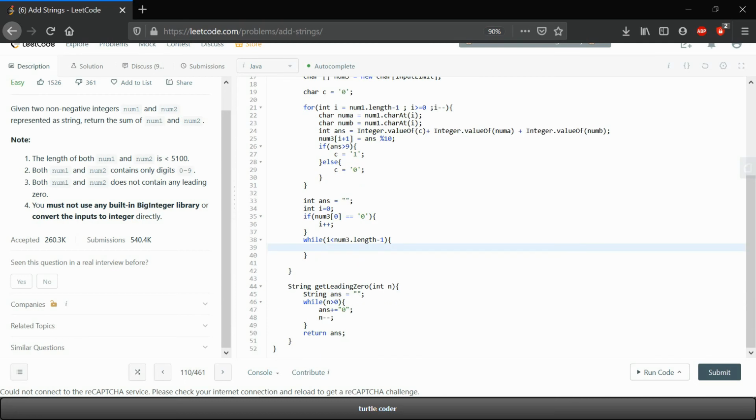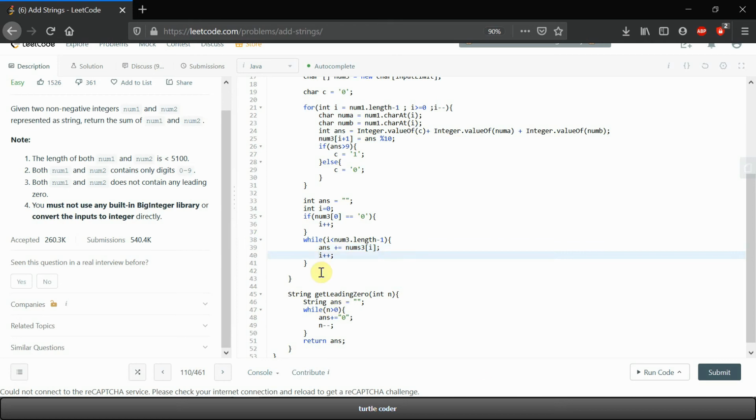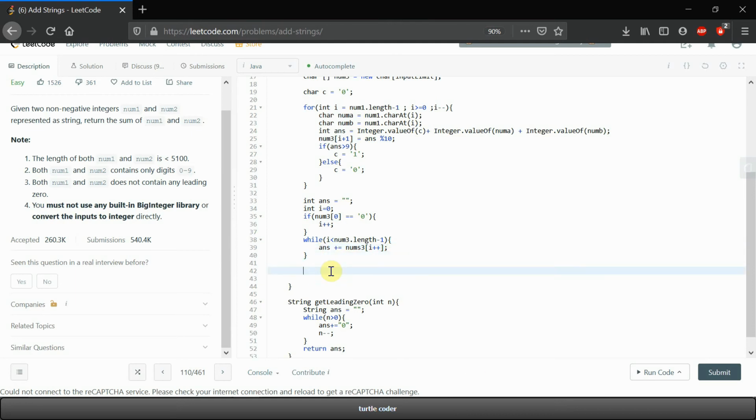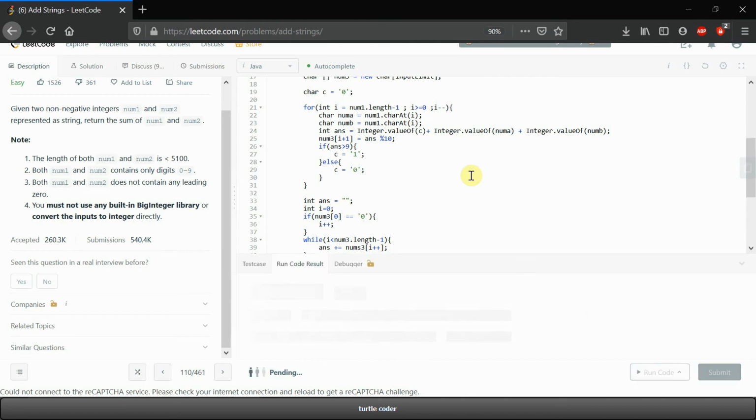So my i is equal to 0. I have to increment my i always, but before that I should consume the answer. So answer plus equals num3 of i, or I can say in a better way, i plus plus, use first and then increment. And I should return the answer as it is. Let's try to run the code. If we get any bugs or errors, we will try to fix them.